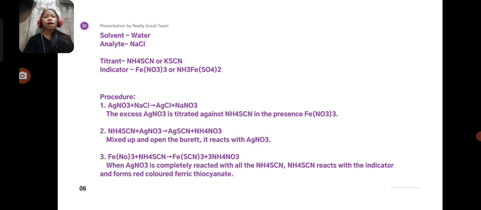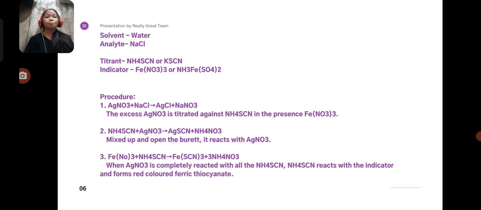Now we go to the third reaction, in which the ferric nitrate reacts with the NH4SCN to form ferric thiocyanate, which precipitates alongside 3NH4NO3. When the AgNO3 has completely reacted with the NH4SCN, the precipitation stops. Then the NH4SCN reacts with the indicator and forms red-colored ferric thiocyanate.